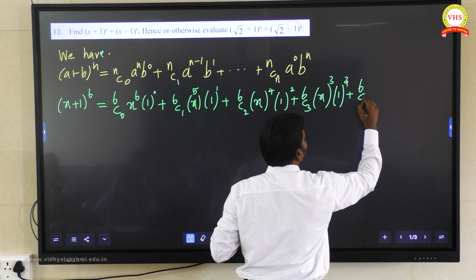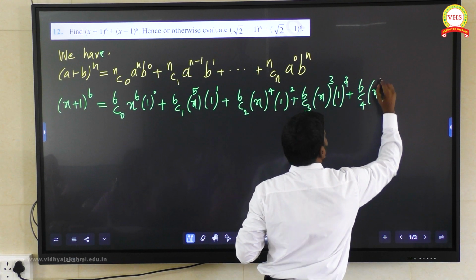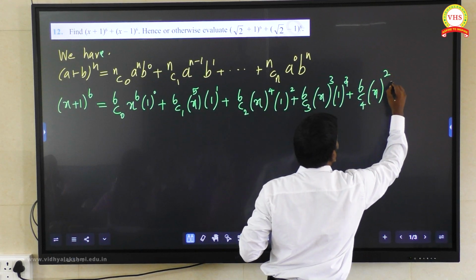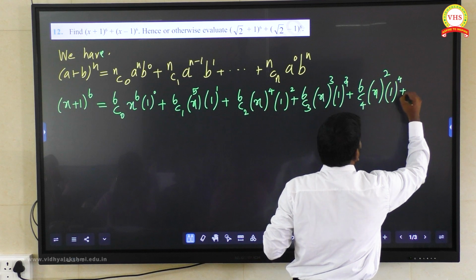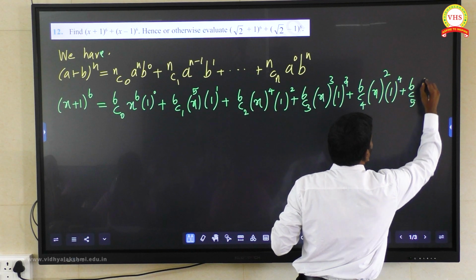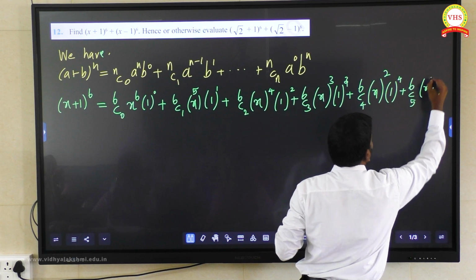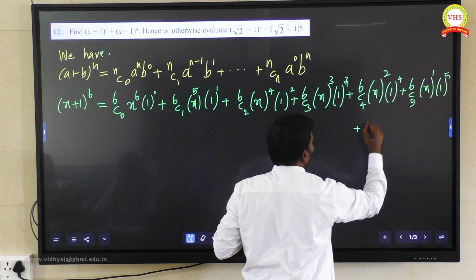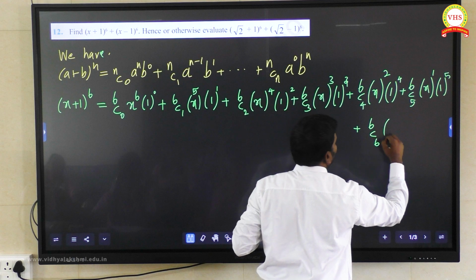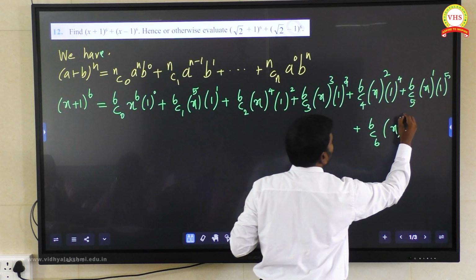Next, 6C4 x power 6 minus 4, 2, and 1 power 4. Understand? Next, 6C5, when we subtract we get 1, and 1 power 5. The last one, 6C6 x power 6 minus 6, naught.